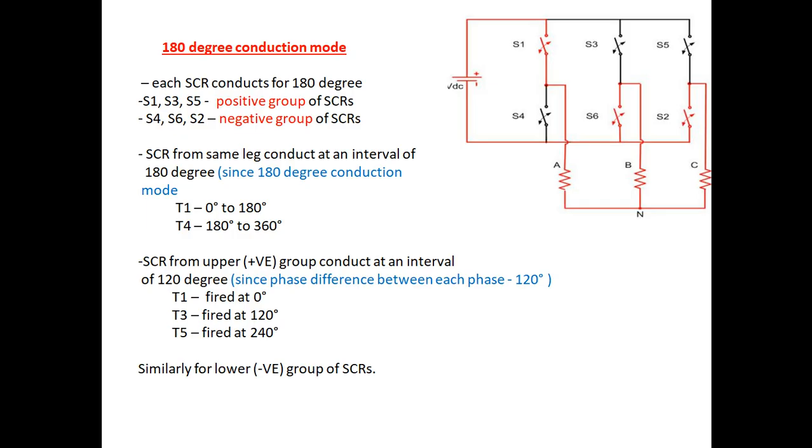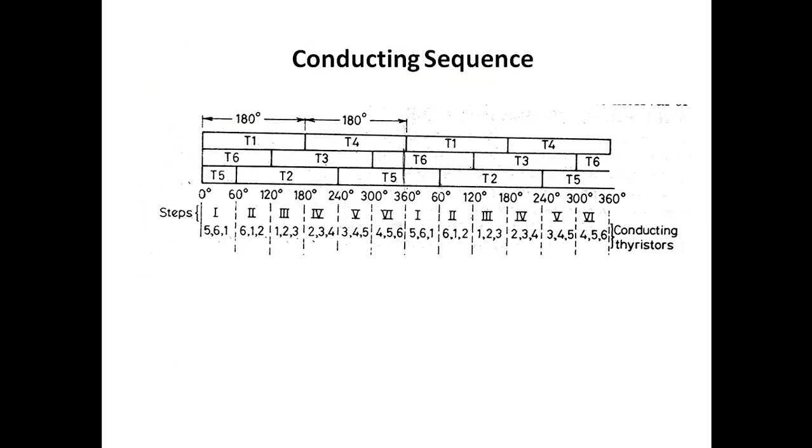Each phase will have its own conducting sequence, so depending upon that, we are drawing the conducting sequence table. For the A phase, the conducting SCRs are 1 and 4, for the B phase 3 and 6, and for the C phase 2 and 5. In the A phase, thyristor T1 will conduct from 0 degrees to 180 degrees, as it is a 180 degree conduction mode.